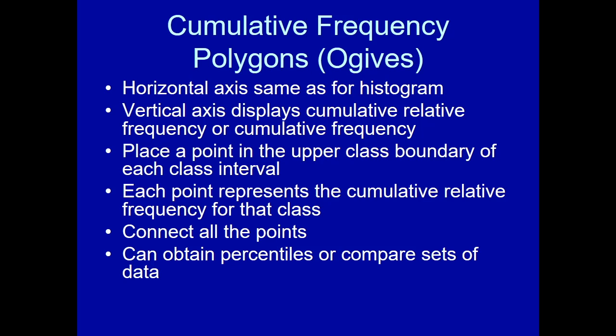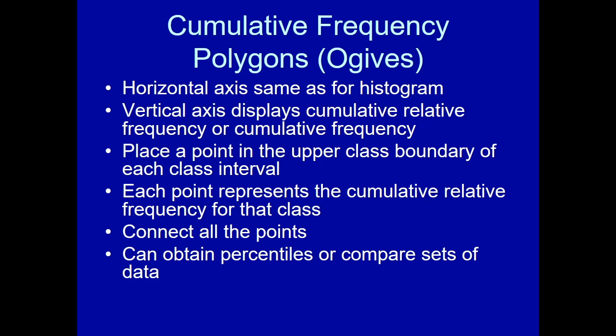Cumulative frequency polygons are also known as ogives, and this is where the horizontal axis is the same as for a histogram, but the vertical axis displays cumulative relative frequency or cumulative frequency. Although the horizontal scale is the same as that used for a histogram, we want to place a point at the upper class boundary of each class interval.